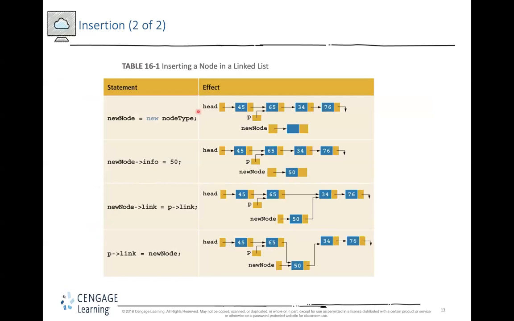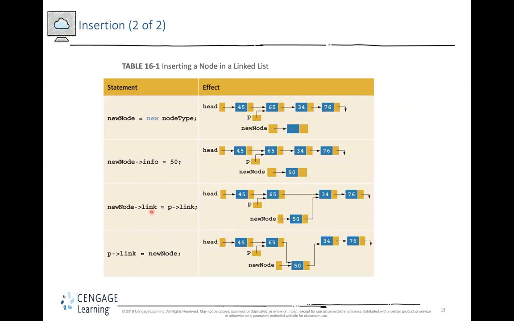Well, we can look at this table and see the effect of each of those statements. You construct a new node, and remember, this is just a visualization of what might be in memory. And a new node pointer that points to a brand new object of node type. Then we assign 50 to info. Now we're going to update the link.